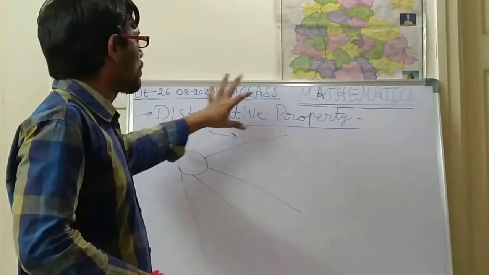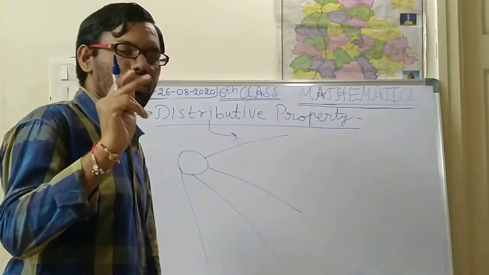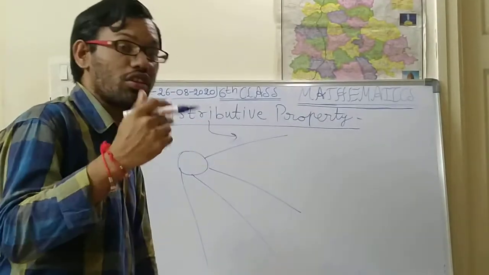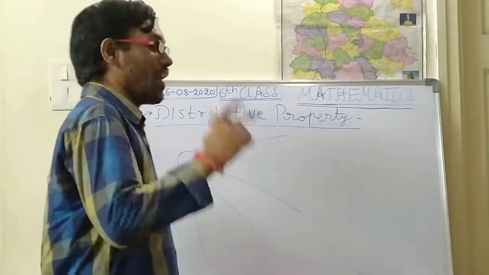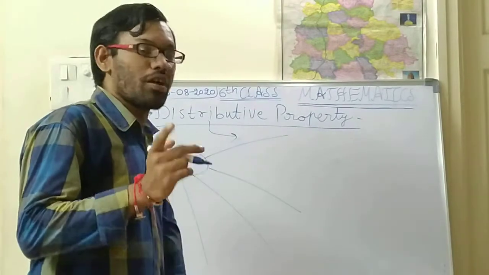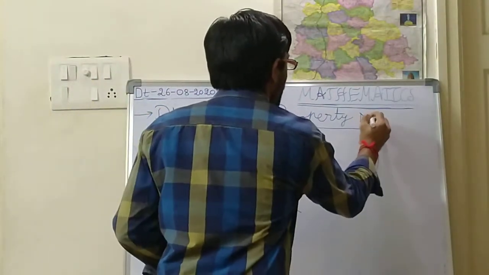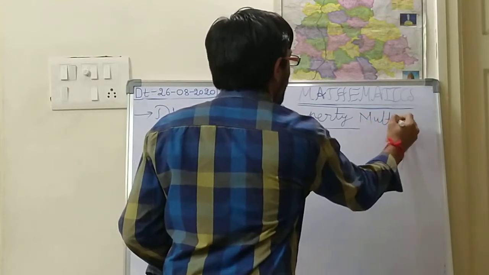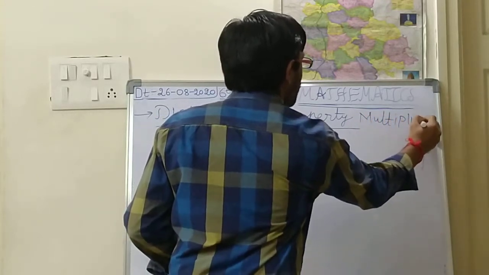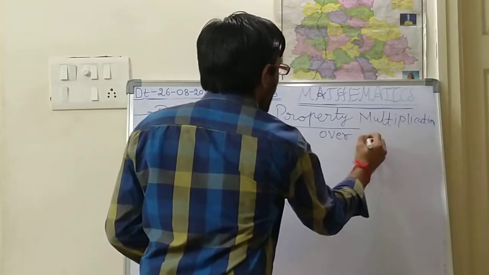In this distributive property, only two basic operations are considered. What are the two basic operations? One is multiplication and the other is addition. The distributive property works with multiplication over addition.